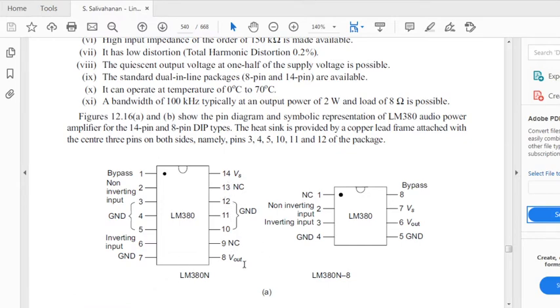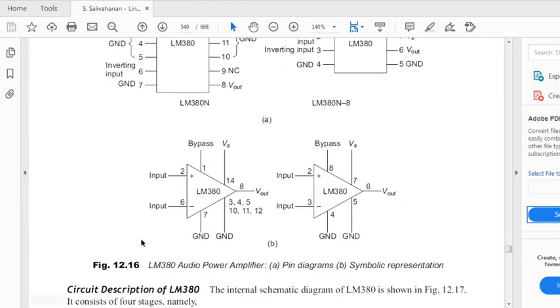The 8th is the pin through which you will be obtaining the output, and the 14th is the pin through which you will be giving the supply. Okay, and another arrangement is also available, which is an 8-pin package. So that's what is given here. Okay, so the pin diagram and the symbolic representation.